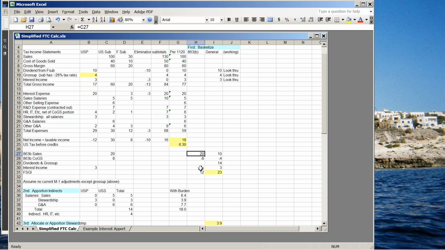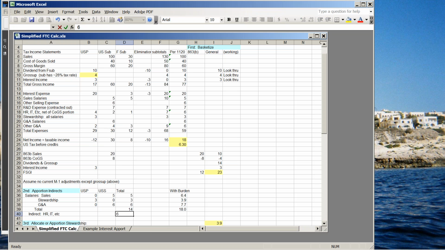Next, we have to apportion our indirect costs. You'll notice I've got an item here for HR, IT, everything else. And that number at the parent company level needs to be apportioned. And if you'll notice, we probably should be apportioning the subsidiary one too, which I didn't do.